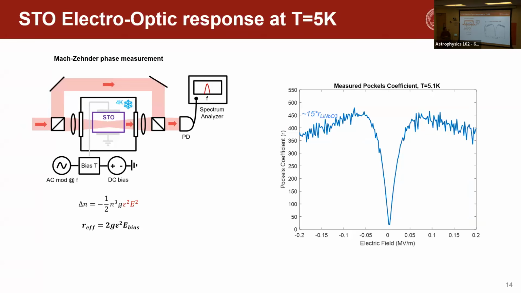But regardless, at these intermediate fields, we get a very large Pockels coefficient of around 450 picometers per inverse volt, which is approximately 15 times larger compared to lithium niobate, and a few times larger than other systems that have also been studied.